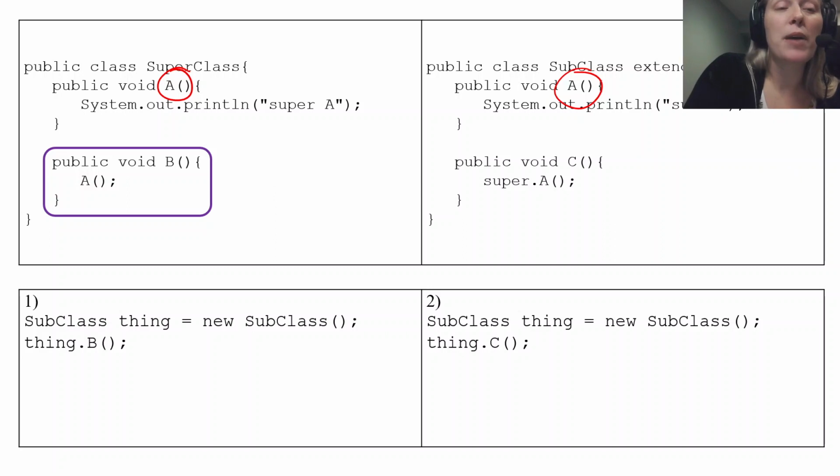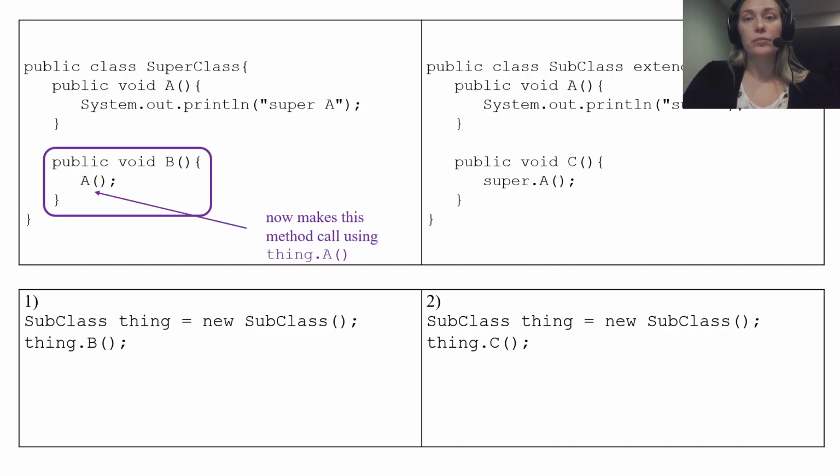But we run B. We started in subclass. We go to the super to find B. We found it. And now we have to run A. So who runs A? Well, this makes the method call using thing. Okay? So whenever we make a reference call using an object, if we make another reference call in the reference call, we still use thing.